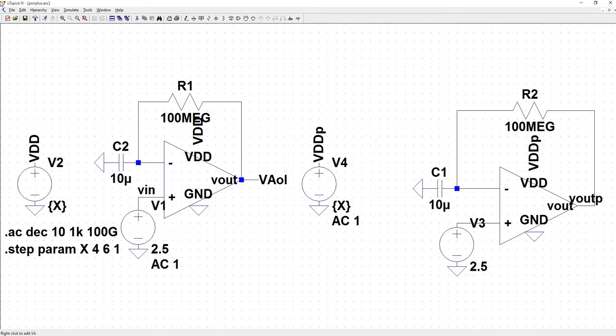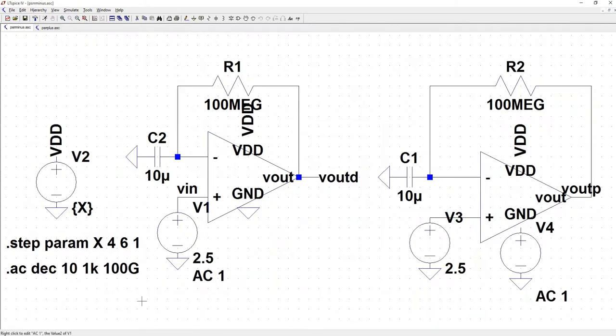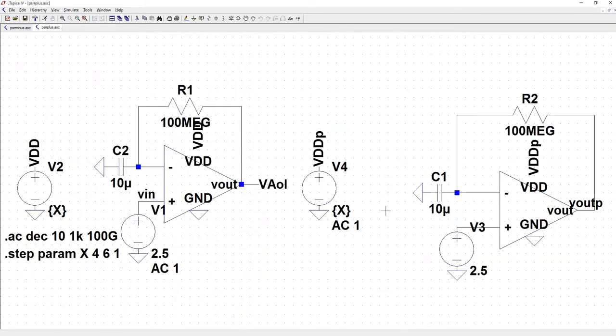Okay, so let's pull up the PSRR minus again. Okay, so I did go up to 100 gigaohms. Applied the AC source here. So I should just be able to apply the AC source there for the plus side. AC1.